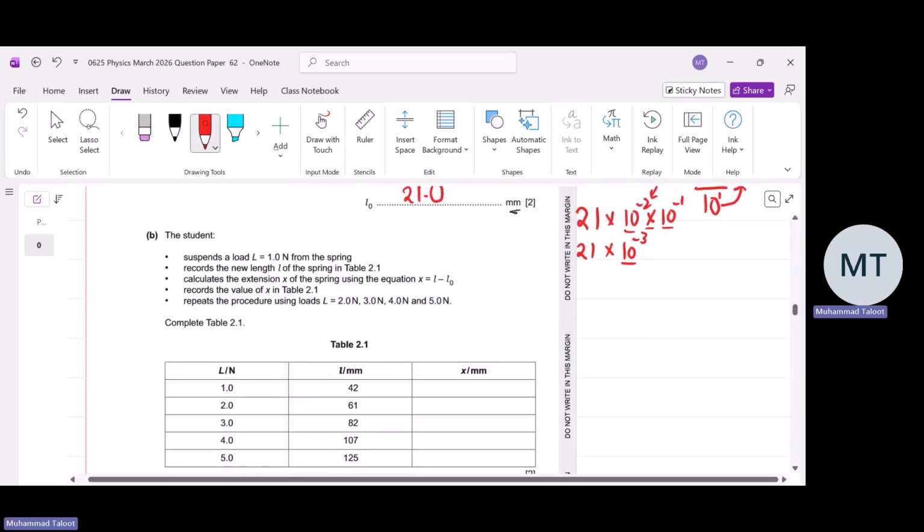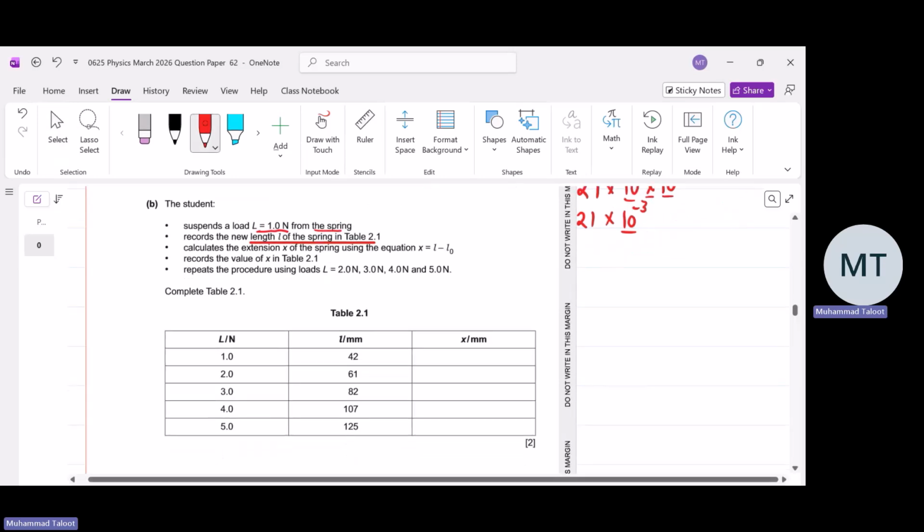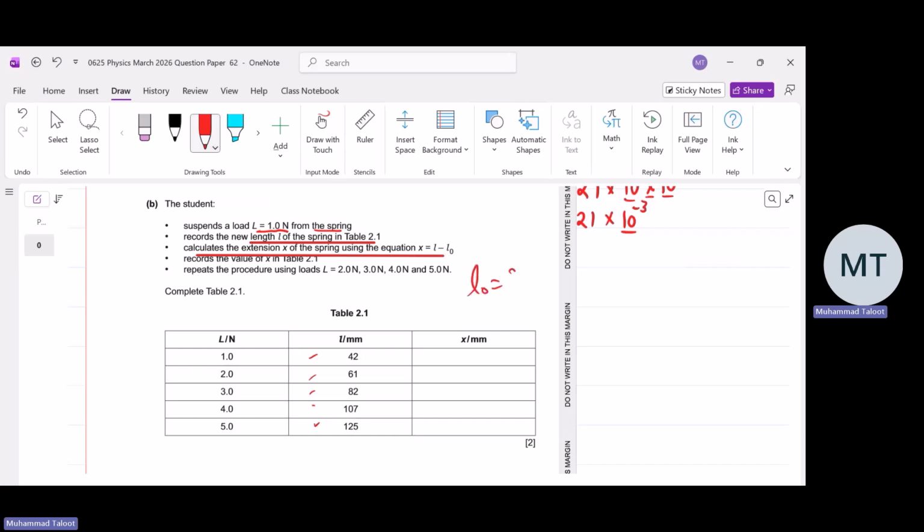The student suspends a load of 1 Newton from the spring. Great, now the load is attached. Record the new length of the spring in table 2.1. So readings are there, you can see in millimeter. We have to find the extension. Calculate the extension x of the spring using this equation. We have calculated L naught, that is 21.0 millimeter, or you can say 21 millimeter.